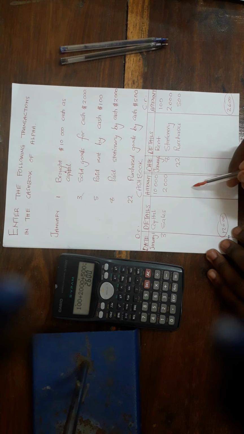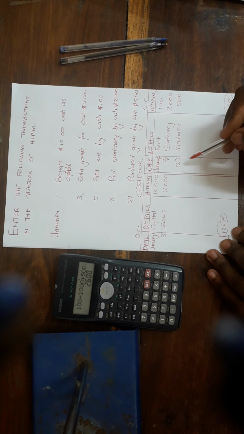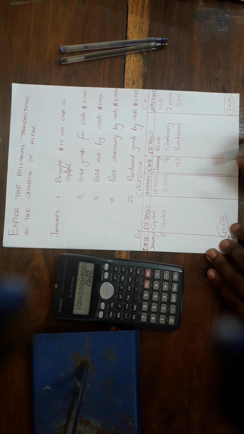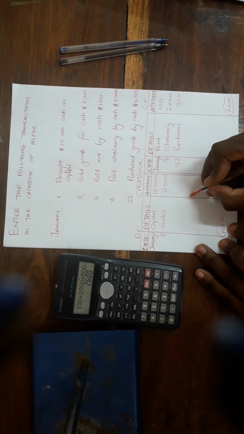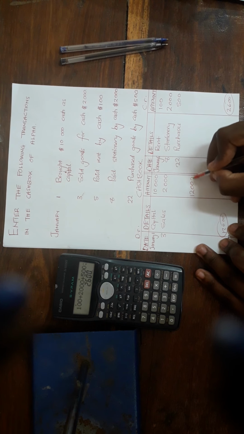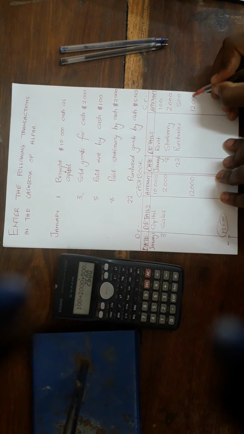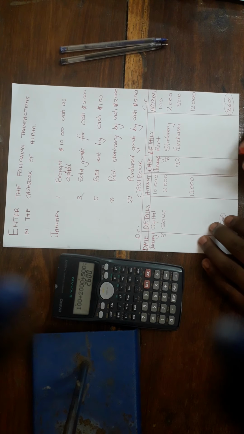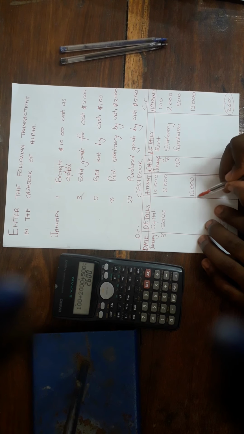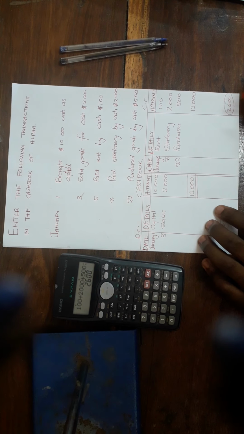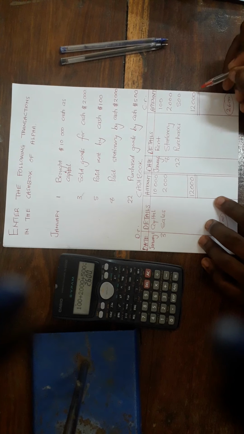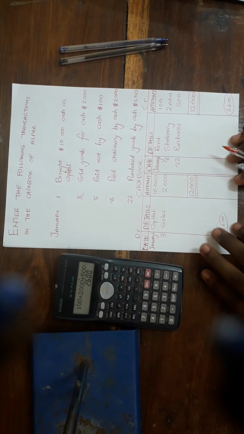So this side is bigger than this side. For me to balance my cash book, I have to take the bigger side. The bigger side is the debit side, and how much is it? It's 12,000. So I put 12,000 in both sides, the debit and the credit. Then I underscore: you put double lines below and one line on the top.